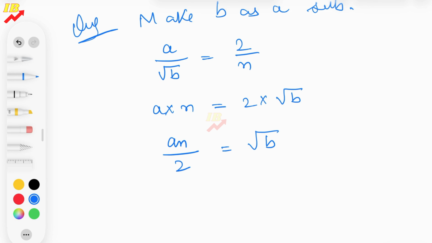But again I have said that you have to make b the subject, right? But here your b is not the subject. I have written square root of b. For removing the square root, you have to do squaring both sides.